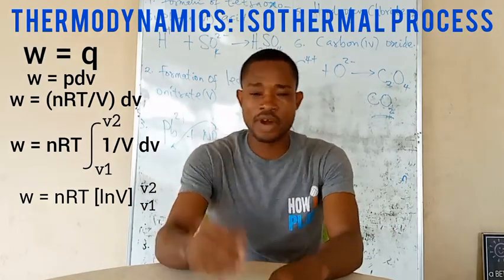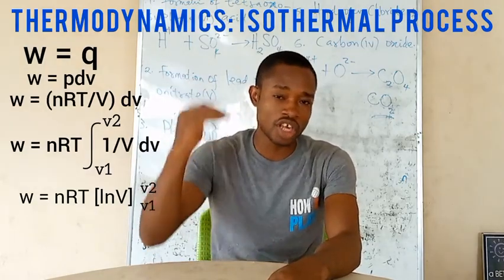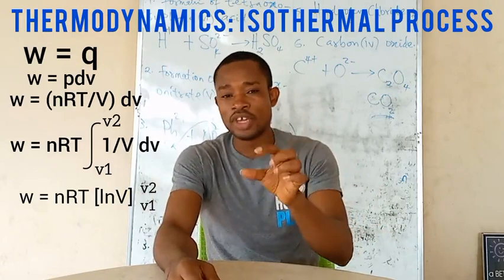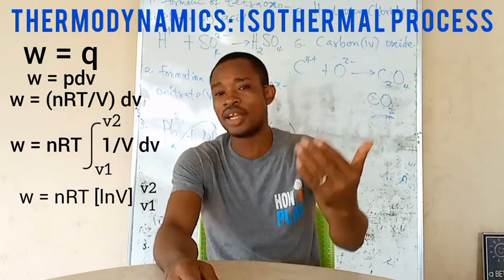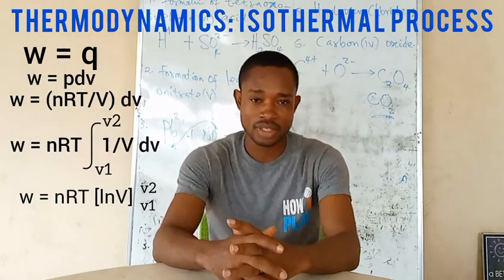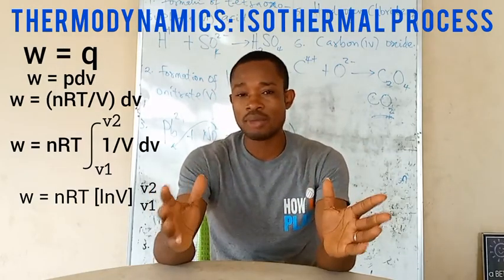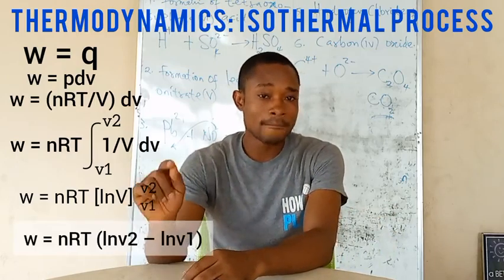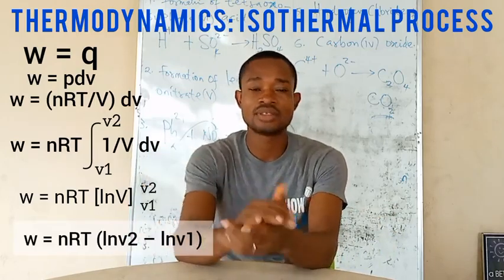Integral 1 over V will give you ln V. Now remember, we are integrating from V1 to V2, initial volume to final volume. So what do we do in this case? In place of the ln V, we substitute the upper limit minus the lower limit. And so the equation becomes W equal to nRT times ln V2 minus ln V1.